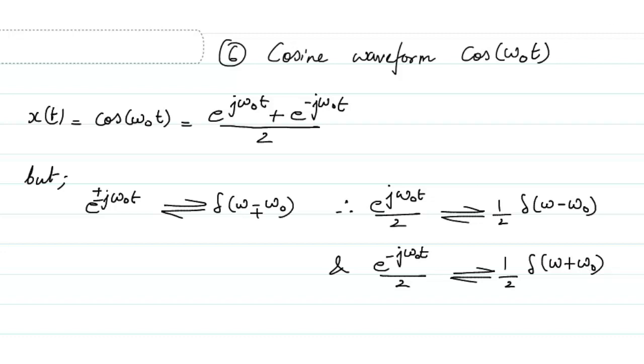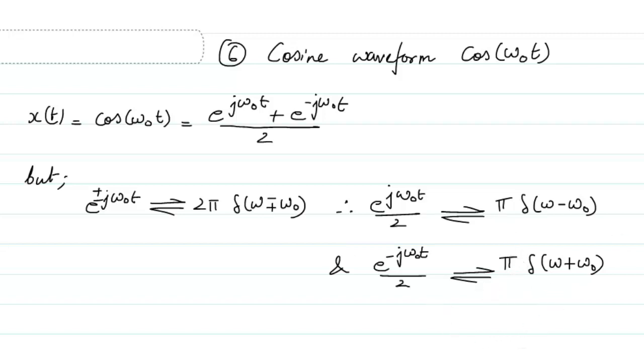I'm sorry, I forgot a pi here. So I should write pi delta omega. For plus it will be minus, and for minus it will be plus omega naught. Sorry, it is 2 pi, therefore this 2 will not be there.